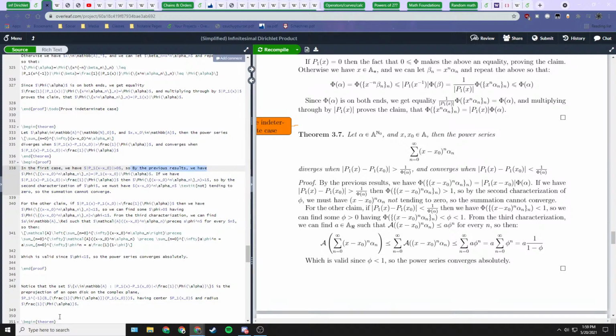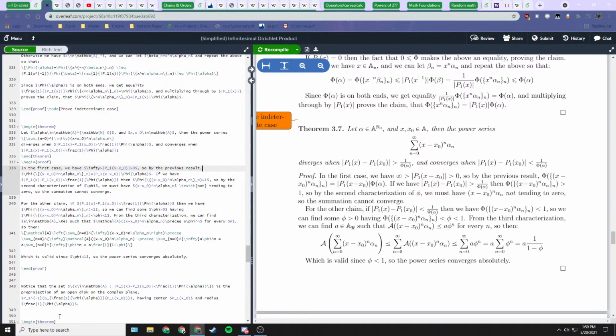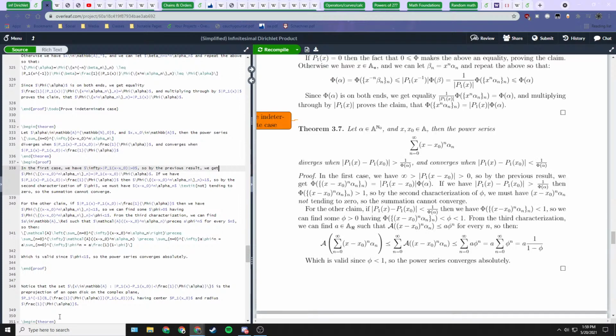So we get this, actually, infinity greater than that, greater than 0. By the previous result, we get this equality. So phi of this power n times alpha sub n is this product.